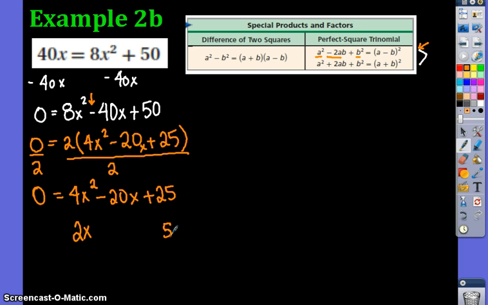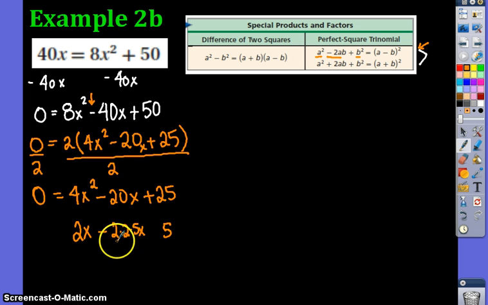Now you might be wondering, Mr. Peterson, why does the 20 play into this? Well, it's actually minus 2 times a times b, and if we factor a 2 out, we've got a 10x, and a is 2, so times another 2, which means we have a 5x left.